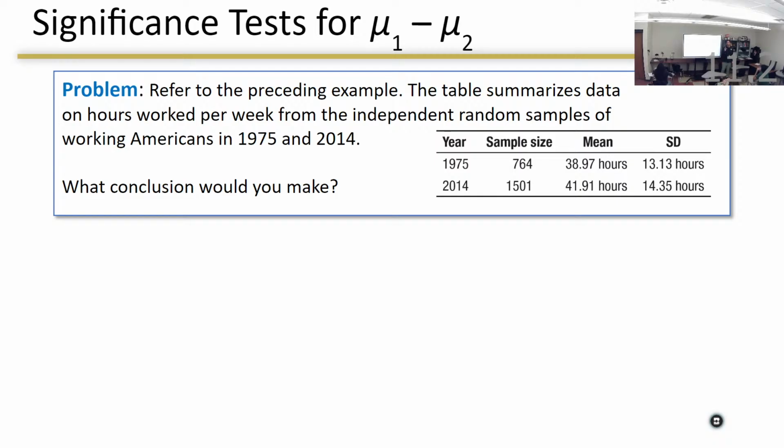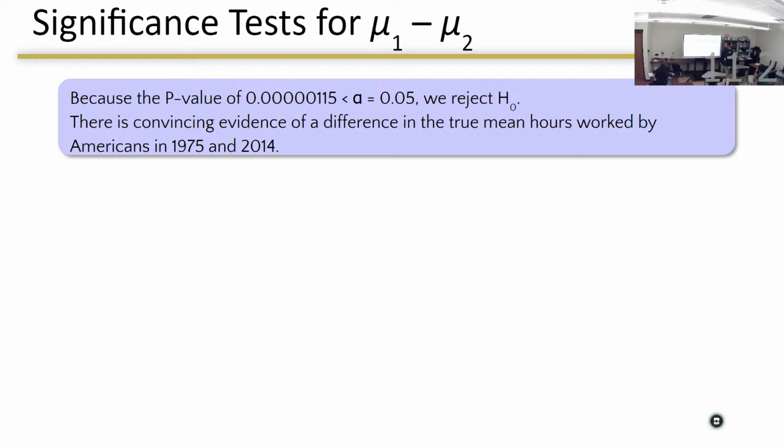Don't say there's more hours worked. We didn't do a right-tail test. Don't say there's enough evidence to say we work more now, or that 2014 worked more. No, you can't say that. You did a two-tail test, so all you can say is it's different.